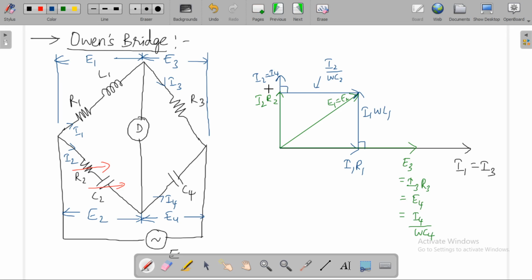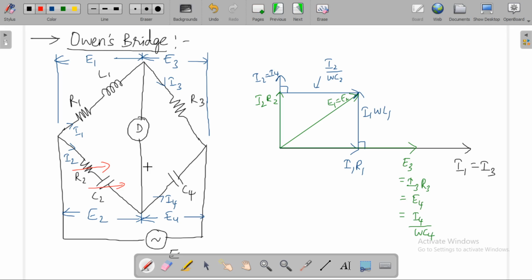The phasor sum of voltage across R2 and voltage across C2 is E2.